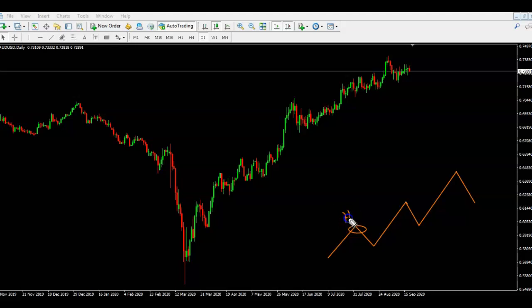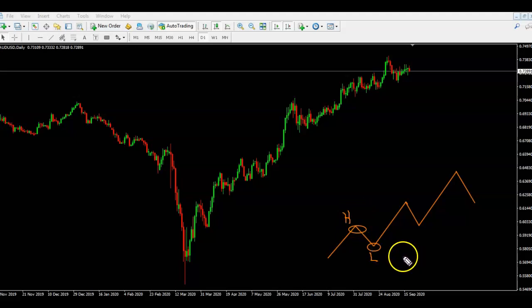That's a high. And then when the market comes again and does a pullback, this area is going to be called a low. I'm just going to put an L. So, a high and a low.